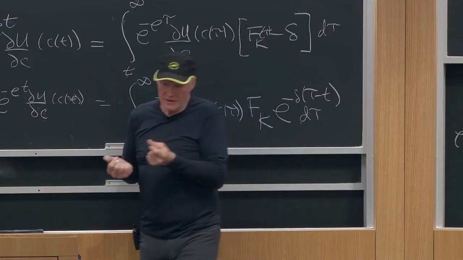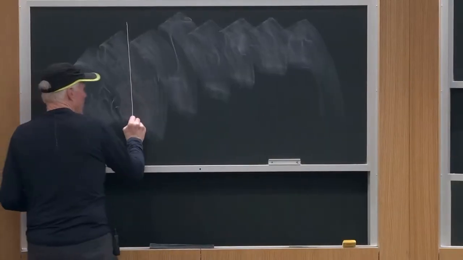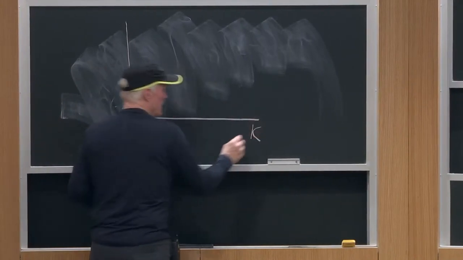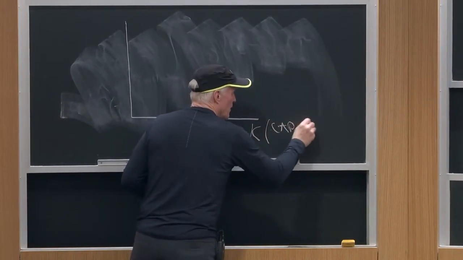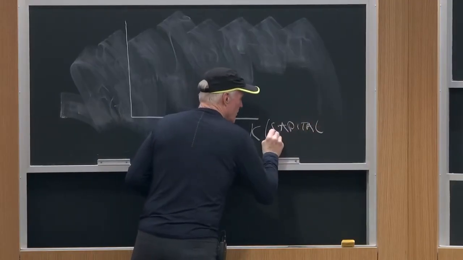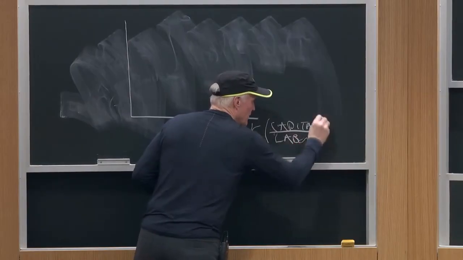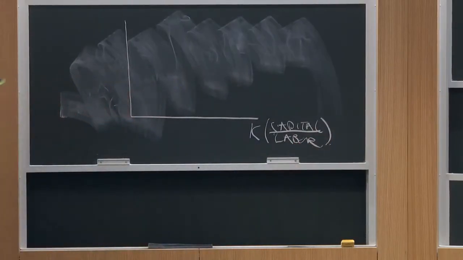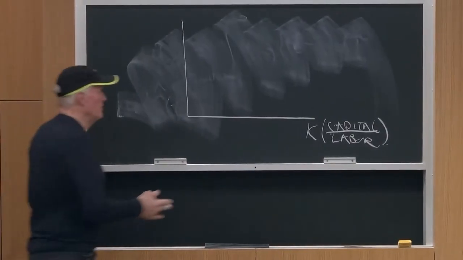All right. So the basic question then, okay, and I'm going to make sure this is clear. This is capital per worker, capital divided by labor. Capital per unit labor. It doesn't even have to be per worker. It's just per unit labor. You could have labor supply in the model.